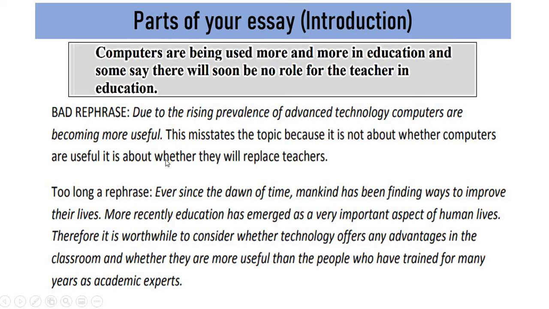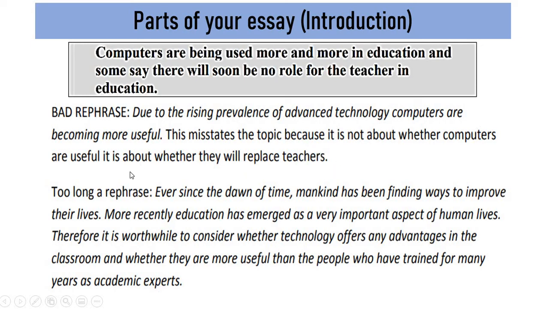Well, it sounds nice, good vocabulary there, advanced technology, and then using due to plus noun. Okay, it looks nice. However, this is actually wrong. It's bad because this misstates the topic. It is not about whether computers are useful. It is about computers replacing teachers.